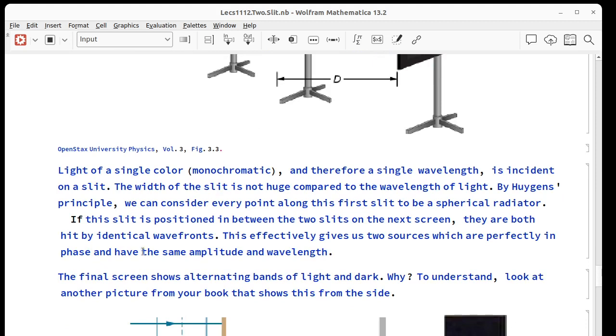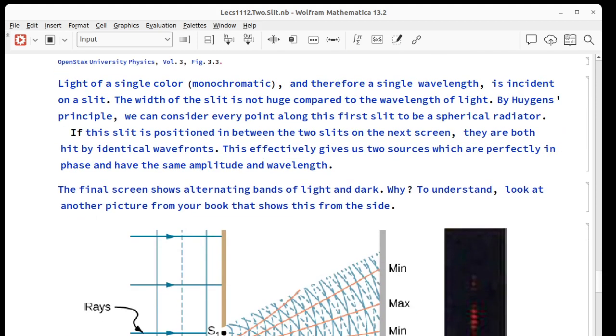So we have two sources now that are in phase. They start off completely in phase, and they're sending these wave fronts. You see there are blue solid lines and blue dotted lines to represent the wave fronts from S1 and S2. If you look at this yellow curve, for example, it goes through places where the waves are exactly out of phase.